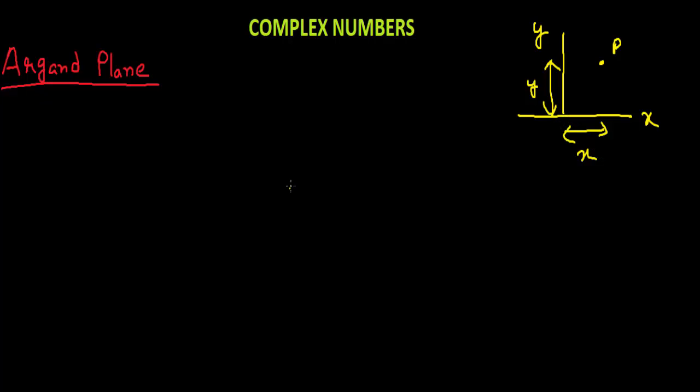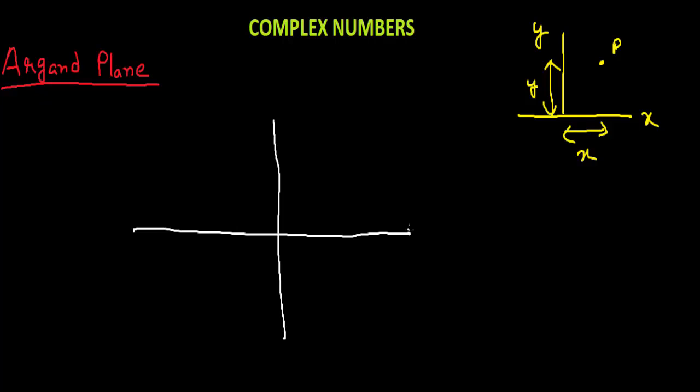But in the complex plane, the coordinate plane that represents the complex numbers is known as the Argand plane, or it is also known as the complex plane. So here we have something different. The same axes will be written.